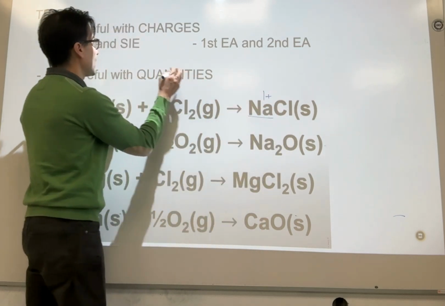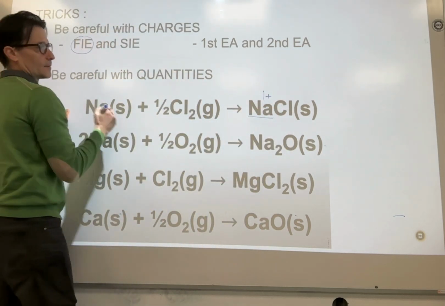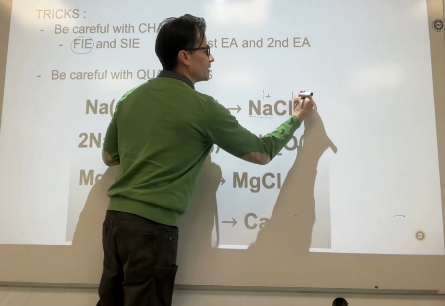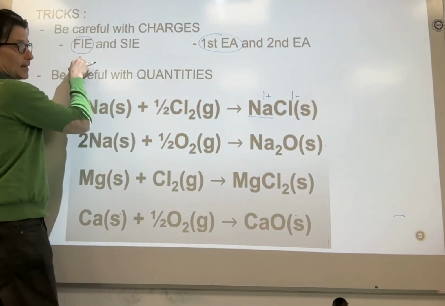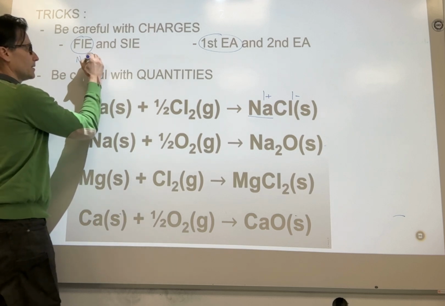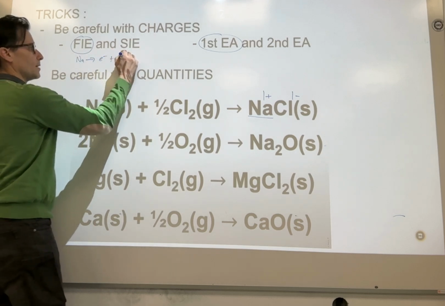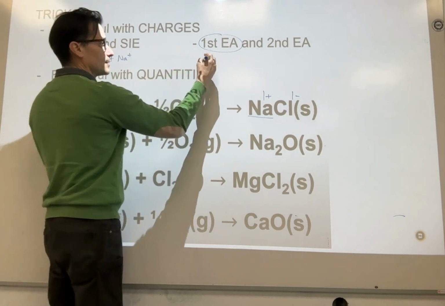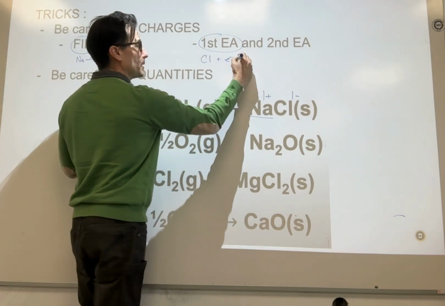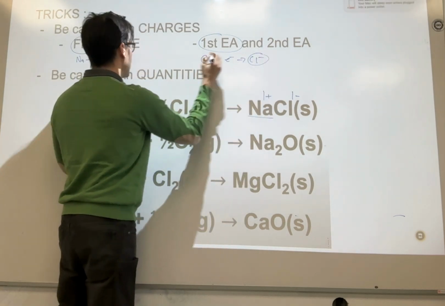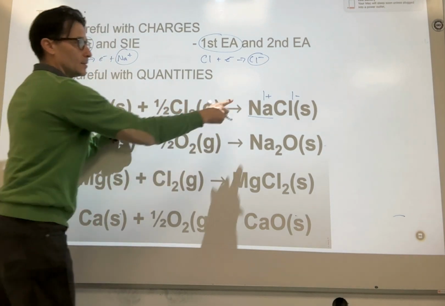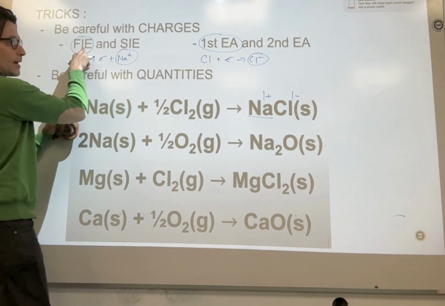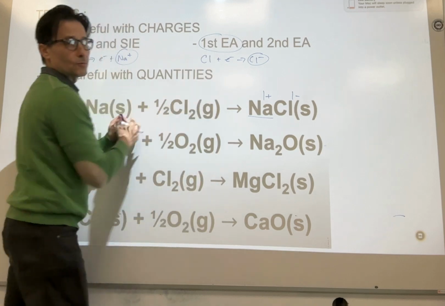So you only need to ionize once. Chlorine is 1 minus. So you only need to do 1 electron affinity. This ionization is the Na losing an electron to become Na plus. And this electron affinity is the chlorine picking up an electron to become chlorine negative. Remember, we want the charges so that they'll attract. Plus 1, 1 ionization energy. Minus 1, 1 electron affinity.